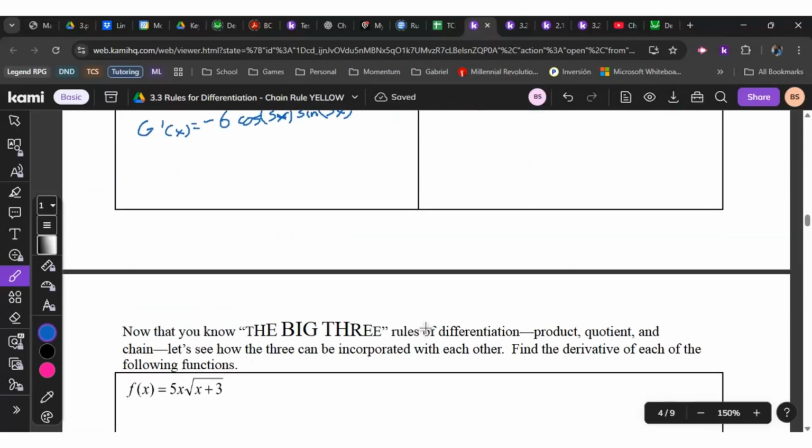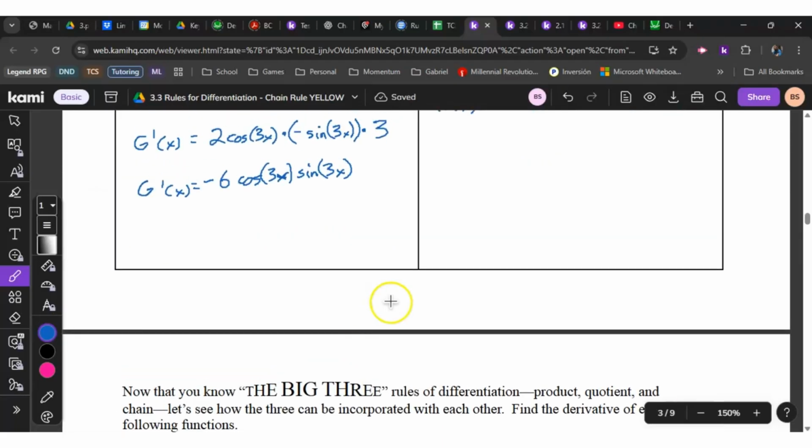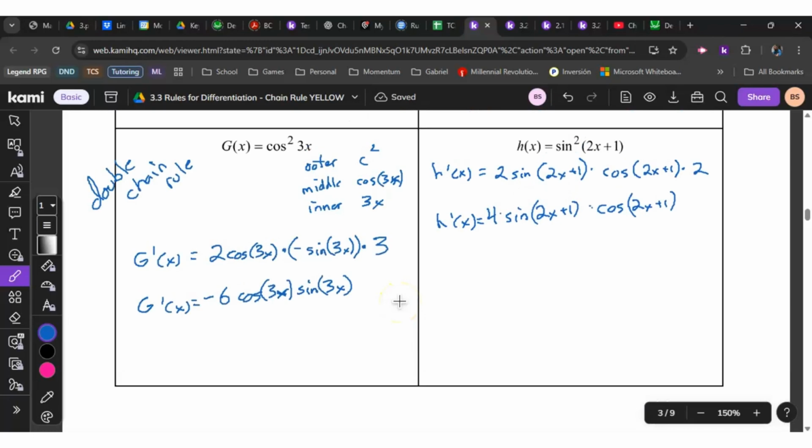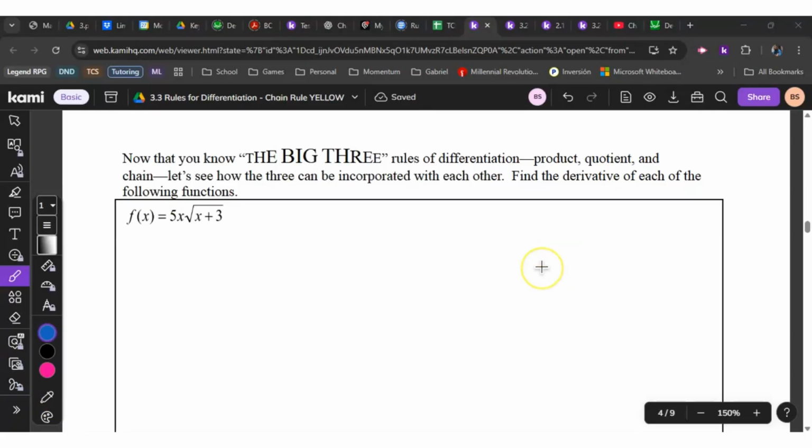The big three. Are y'all ready? You all know the big 3. Product, quotient, and chain rule.